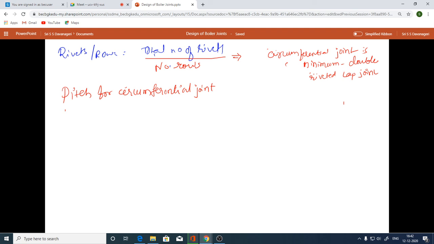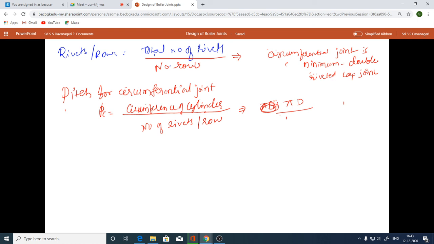The pitch for the circumferential joint is the circumference of the cylinder divided by the number of rivets per row, n dash. Circumference is pi d.